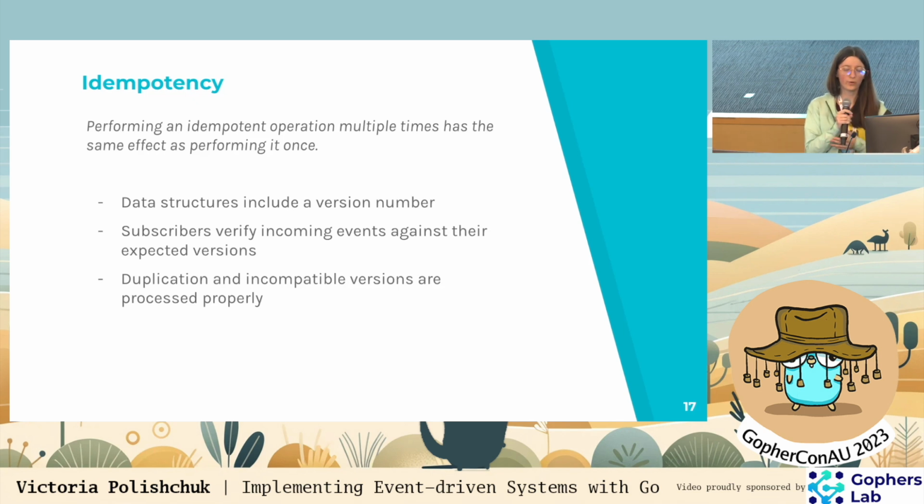And one way we can solve this is to pass a version number in our data structures. So when a subscriber receives a data structure, it will be able to see the version and compare it against the version that it currently holds. And this will allow us to identify the events that were older versions, that were already processed.